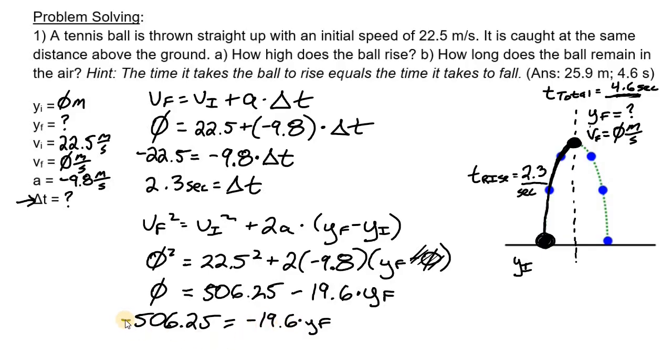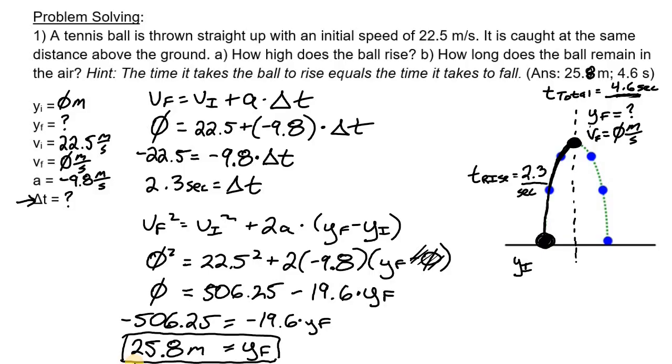We'll have a negative divided by a negative, so therefore we'll get a positive answer. And that will be, so we have that divided by negative 19.6, and we have 25.8 meters. You know what? This should be an 8 right here, if you're rounding correctly. Okay, so there you go.